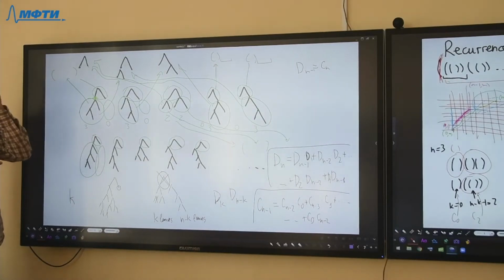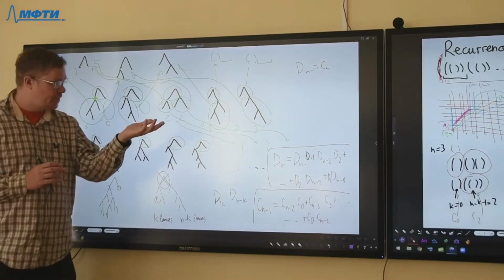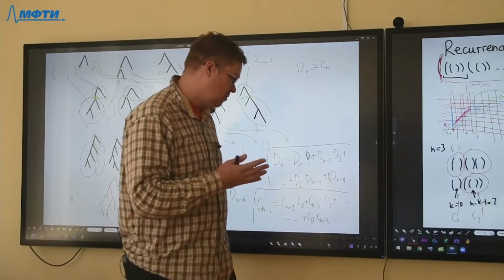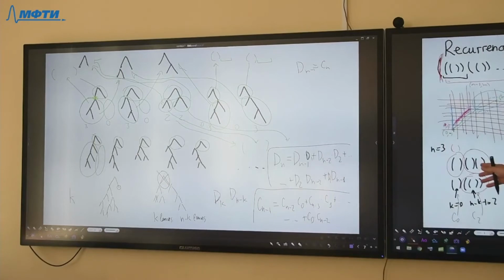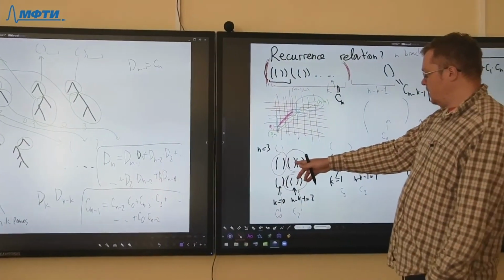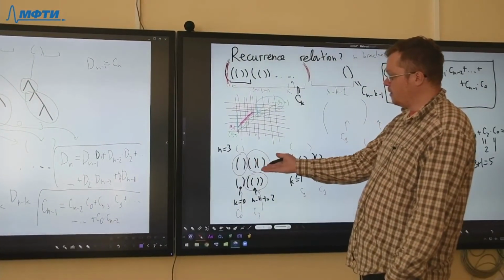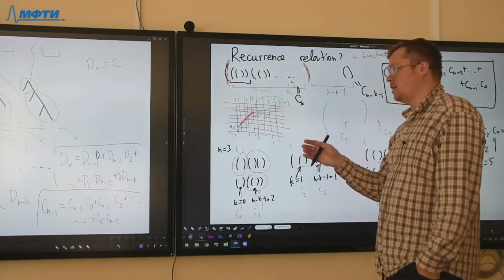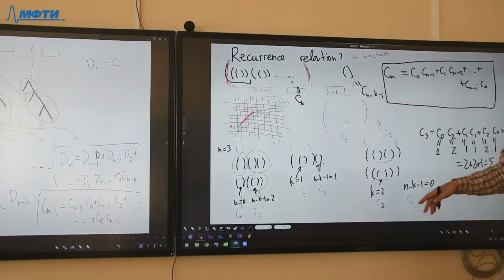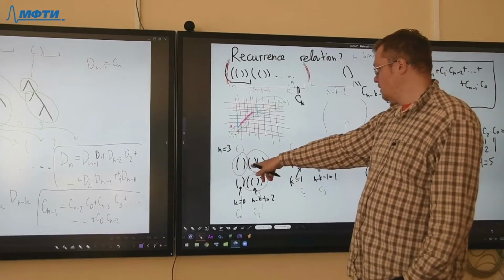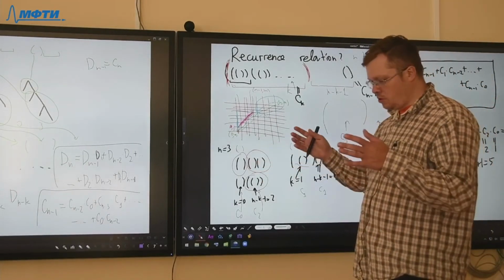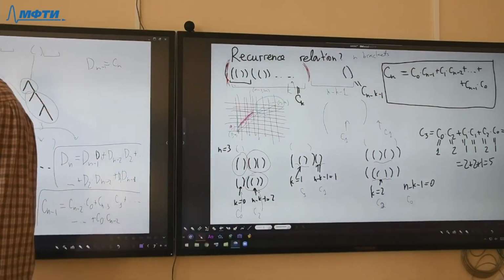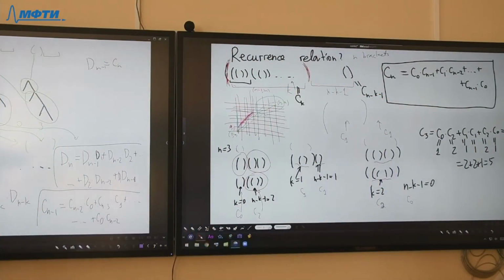But it's not very straightforward. The algorithm of going from brackets to the trees and the other way is that if I go left, I put something inside, and if I go right, I put something outside.